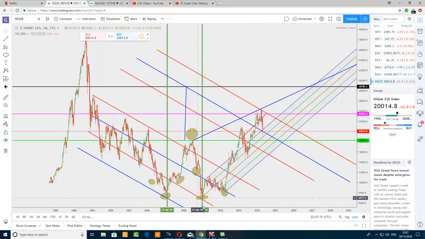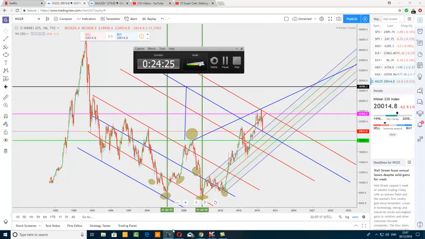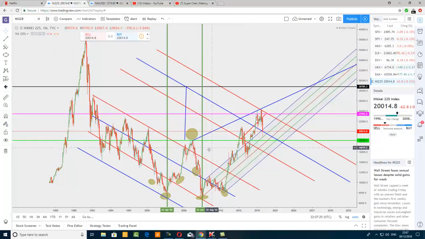But generally speaking, listening to the Japanese Prime Minister saying that the fundamentals are improving constantly in Japan, generally speaking, most investors' sentiment is changing from bearish to bullish when it comes to Japanese stocks.